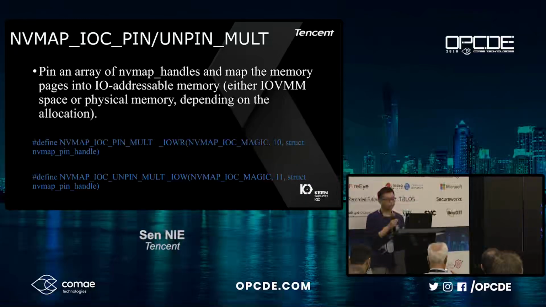So in my viewpoint, this interface is used to communicate between the user space process and the GPU. But here you need to remember you cannot unpin an unallocated nvmap handle. If you do this, you will trigger the BUG_ON function. So you cannot unpin it before it is allocated.